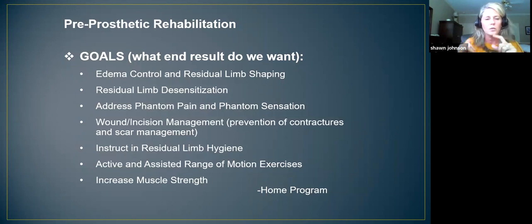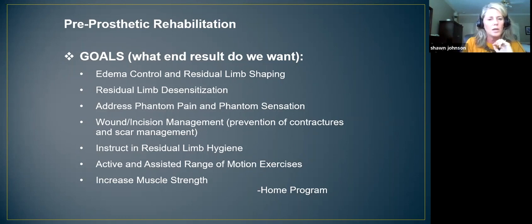Is there any kind of wound care management that we need to do? Is there any contractures and scar management we need to address? We're going to instruct them in residual limb hygiene. We're going to address range of motion exercises and increase their muscle strength. And on the bottom of this slide, you'll see that most of these bullet points can be sent home in a home program format, so you can preserve visits if you need to.